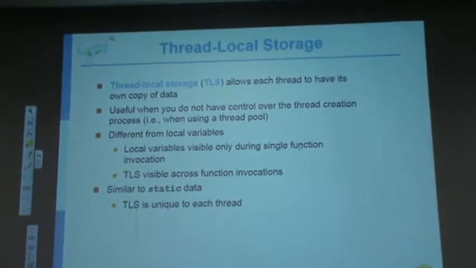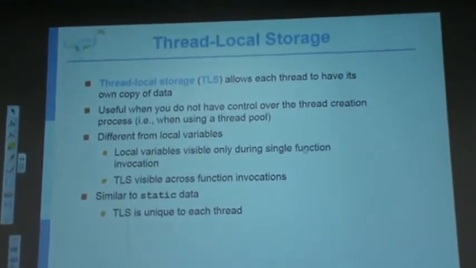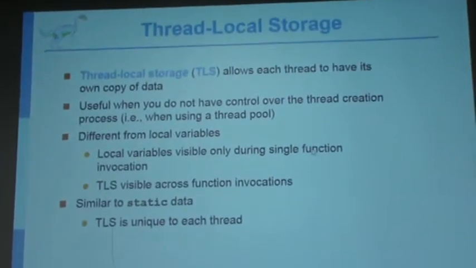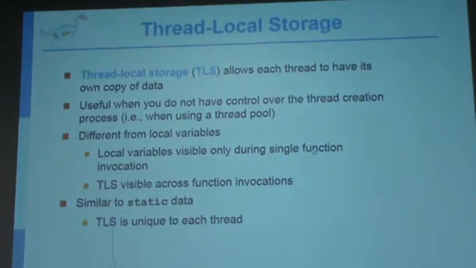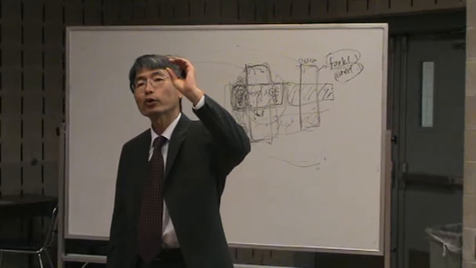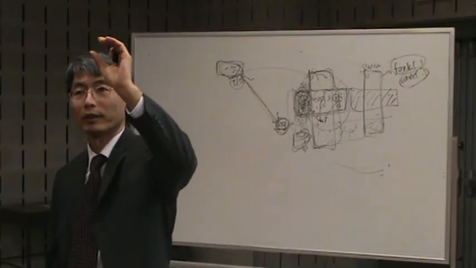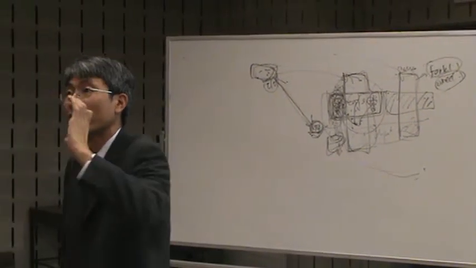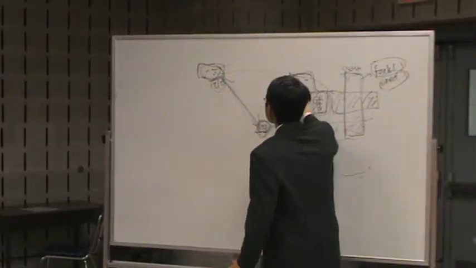Also, a thread has local storage. It's called thread local storage, to keep shared data. What about the local variable of each thread? Where do you keep the local variable in the thread? It's a stack. Each thread has its own stack area.